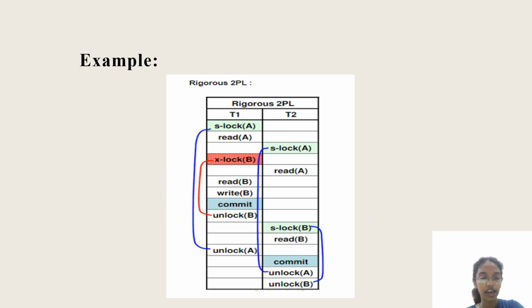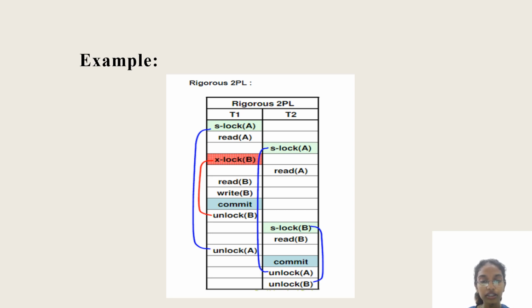In this diagram, there are T1 and T2 accessing two resources A and B. T1 acquires a shared lock on A and reads A. Then it acquires an exclusive lock on B, reads B and writes B, and thereafter T1 commits. T2 acquires a shared lock.